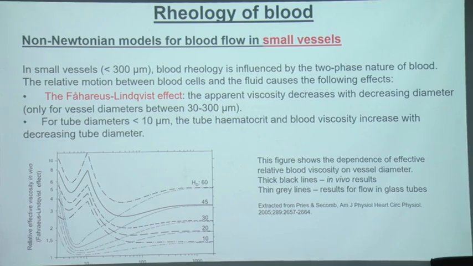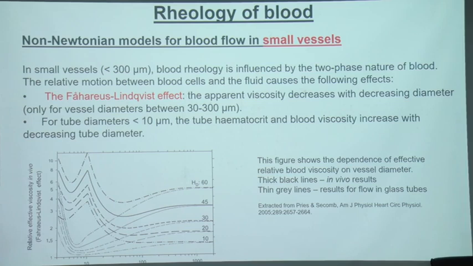So if you look at the blood flow in very small vessels, the presence of individual cells must be accounted for. But if we look at vessels that are greater than 300 microns in diameter, the two-phase nature can be neglected, and the blood is treated as a single-phase continuum fluid.